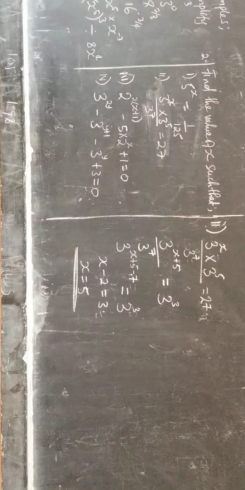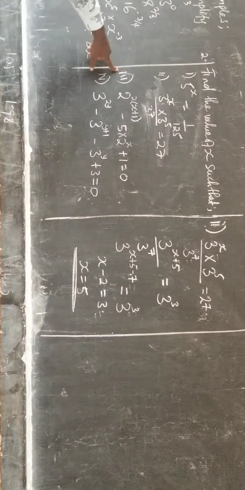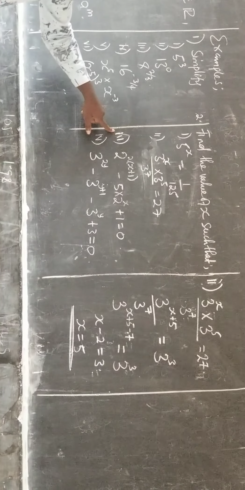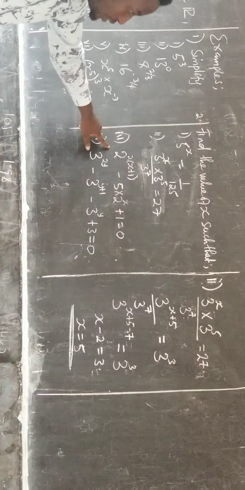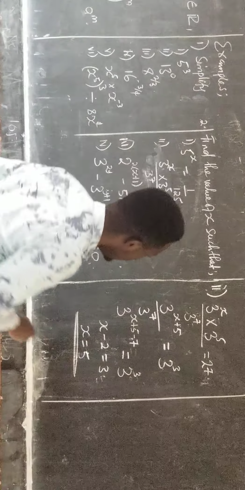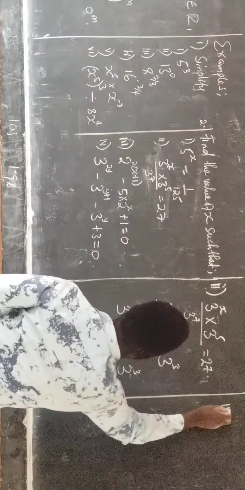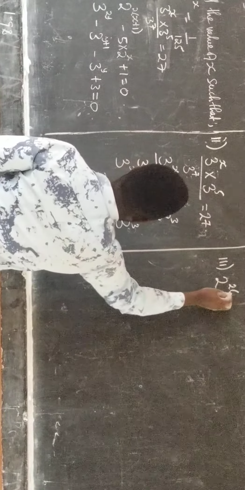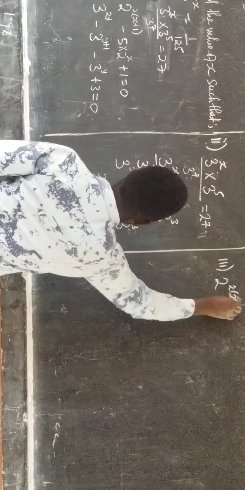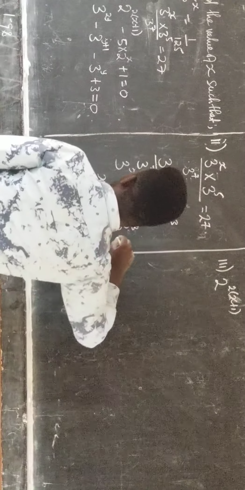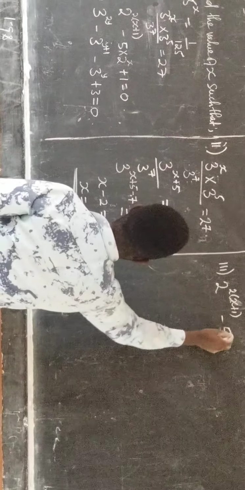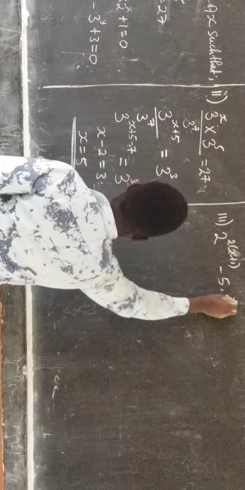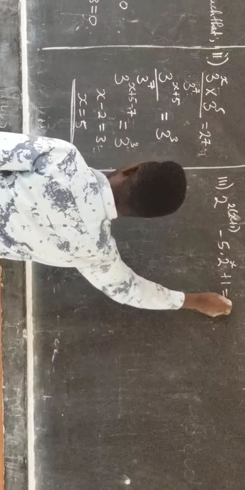So now we have that one. Now this third one is a bit tricky and we need to pay close attention to each part. This is 2 power 2 into x plus 1, minus 5 into 2 power x, and then plus 1 is equal to 0.